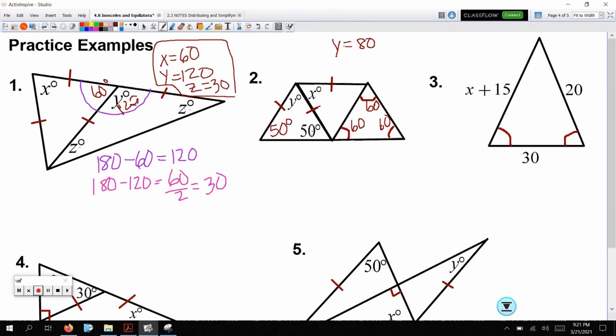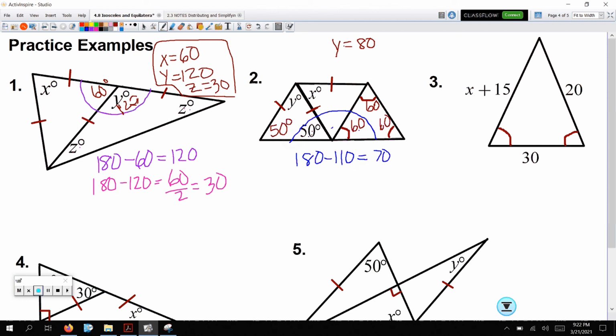It doesn't really help me get X, but what I can see here, maybe you can too, is that these three angles make a line. I have 50 and 60, that makes 110. So whatever this is going to get me to 180. So 180 minus 110 equals 70, right?